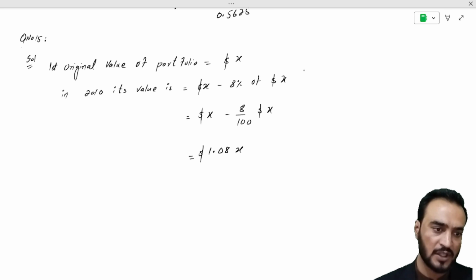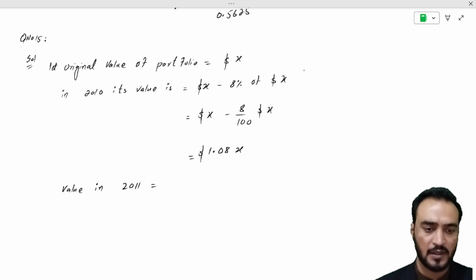Now the value in 2011. In 2011, there was an increase of 5% of its value in 2010. So we will add 5% of the value in 2010. The value in 2010 is 0.92 times X dollars, and we add 5% of 0.92X dollars to it.